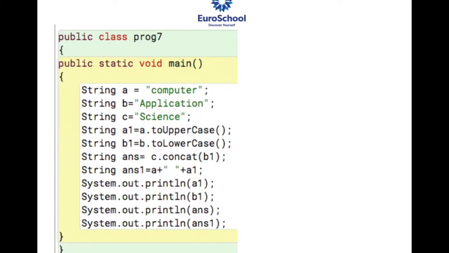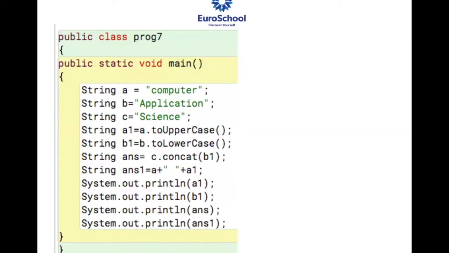Simran, what is the answer for ANS1? ANS1 will be computer. All in capital, all in small, or anything other? It'll be in capital. Computer will come in capital.